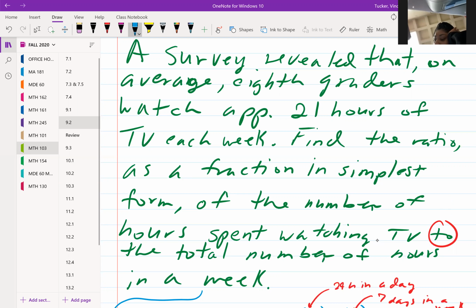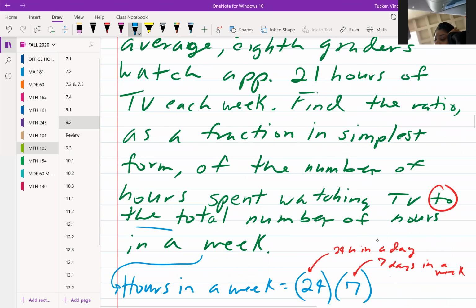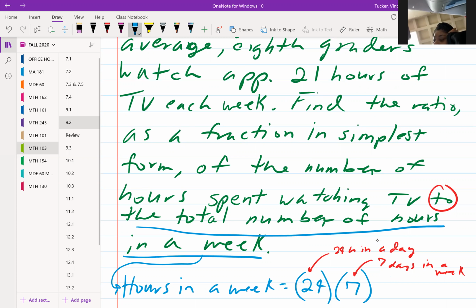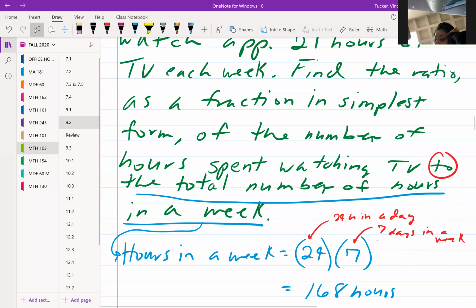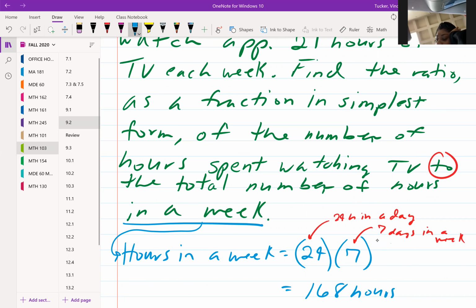The one that calls for calculation is that total number of hours in a week. So, there's 24 hours in a day, 7 days in a week. So you multiply 24 times 7, that's 168 hours. All right. So 168 hours, that's going to be a bottom number because that's to the right of 2.